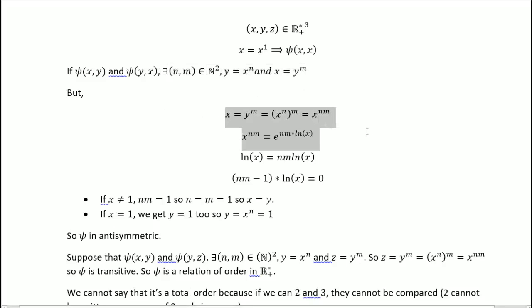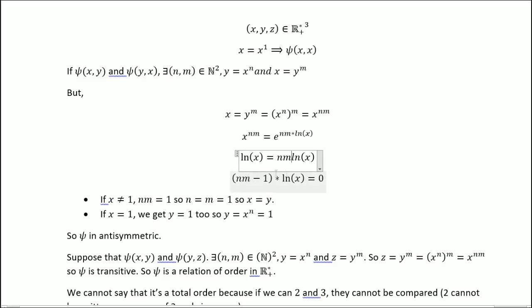So then I replace, so we get that x is equal to x to the power nm, and then I just take the logarithm, and we get this. So we get this equality by doing minus ln x on both sides of the inequality.